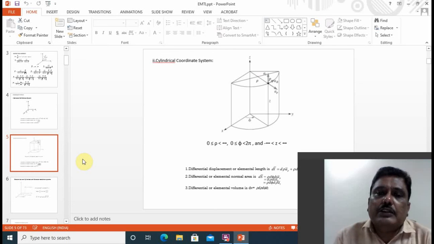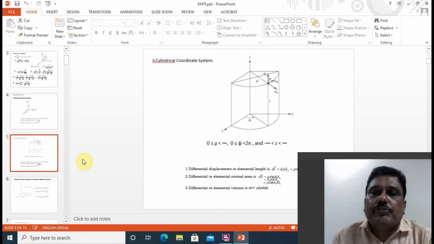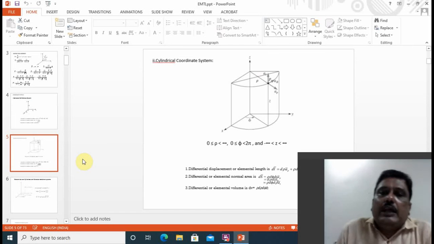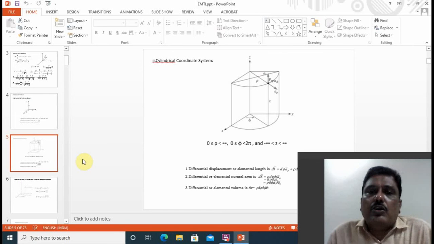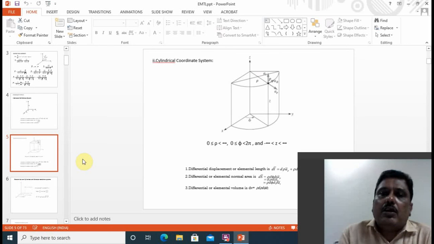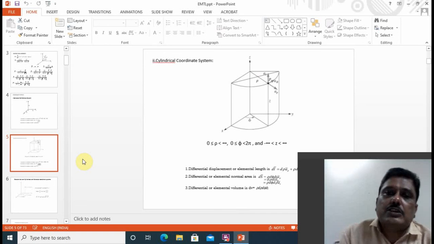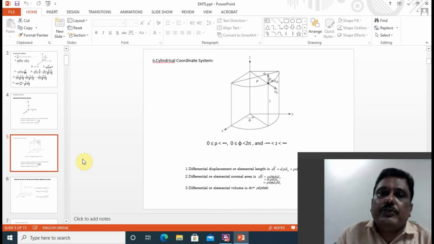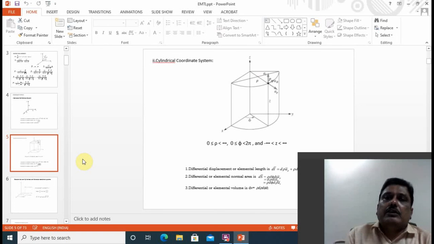We know the elemental length along the rho axis is d rho and the elemental length along the phi axis is rho d phi. So therefore the elemental normal area on the rho phi plane is ds bar equal to d rho into rho d phi a z bar. And the elemental normal area on the phi z plane is rho d phi into dz a rho bar.